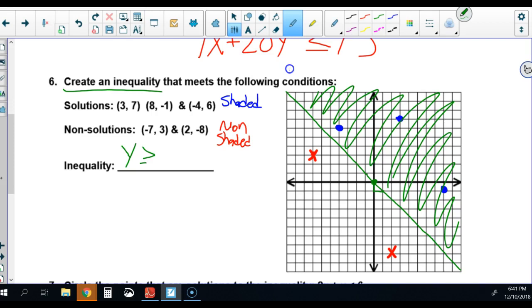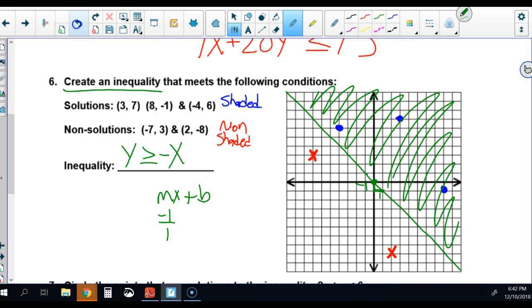I drew a solid line, so I'll make it equal to. I very easily could have had a dotted line here, and it would still be just as good. I can erase the equal sign, but I want the solid line. I want it equal to. mx plus b. I have my m down 1 over 1, which is -1 divided by 1 is -1.